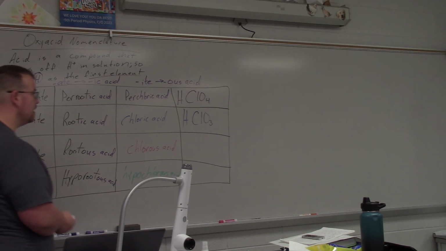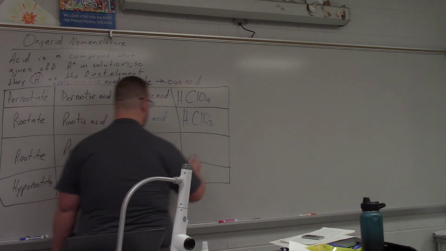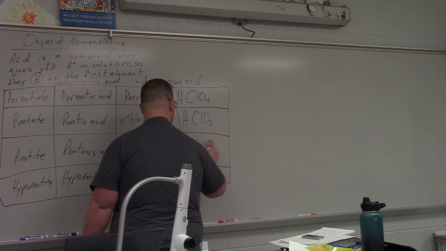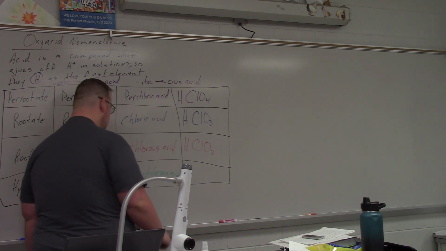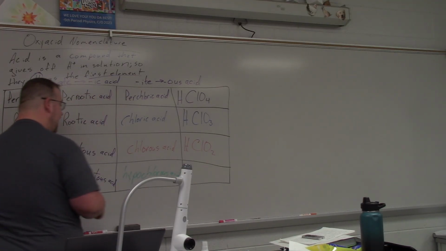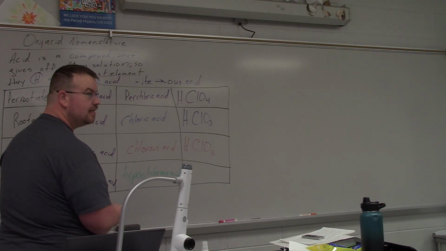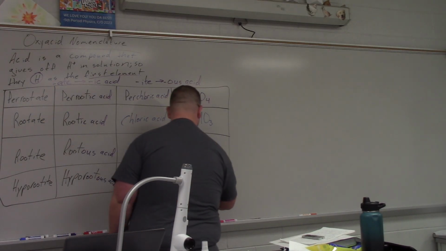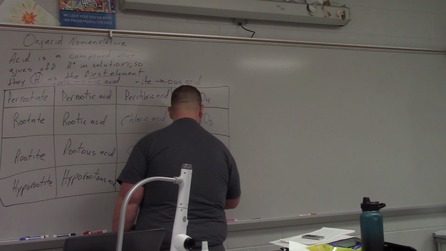Chlorous acid is ClO2 minus. I add the hydrogen, charge goes away. Then I have hypochlorous acid. So hypochlorous acid is ClO minus. I add the hydrogen, charge goes away.